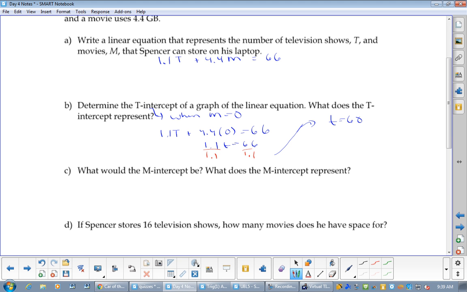Now for this one, I don't know if it really matters which is t, but say we have this graph and the t-intercept, so we'll call this t here. The t-intercept is 0, 60.